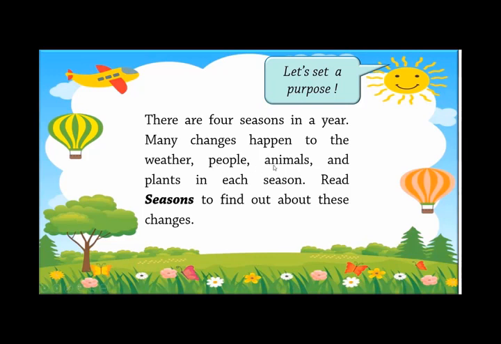Also, some animals come out in summer and sleep in winter, and plants grow in each season. Read Seasons to find out about these changes. I wonder what the selection will tell me about every season. Let's read together to find out.